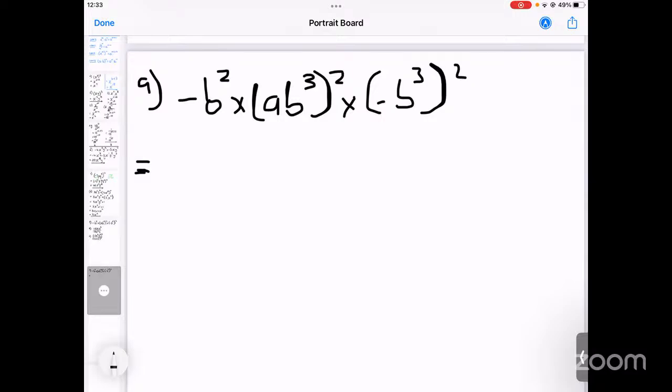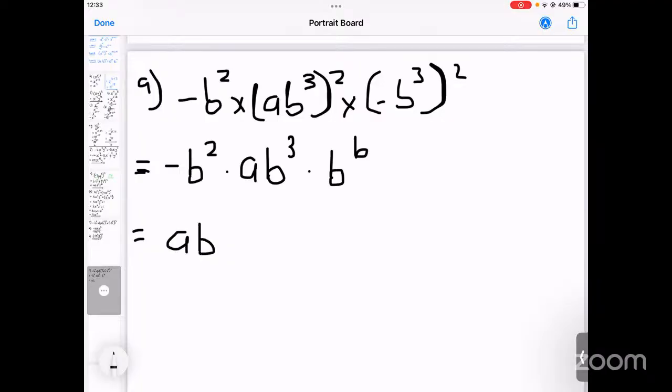You're writing negative b to the power of 2, times a, b to the power of 3, times b to the power of 6. And after that I wrote ab to the power of 3 plus b to the power of 2.